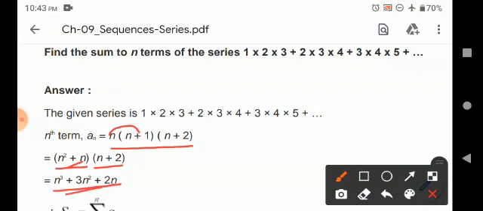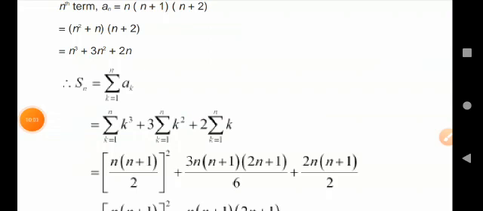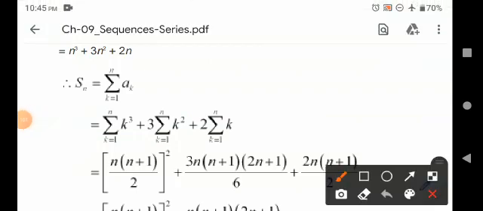Therefore we should find the sum to n terms of this given series. Let me begin. Sn is equal to summation an, or we can say ak. Here summation is the addition of all the terms of the given series.